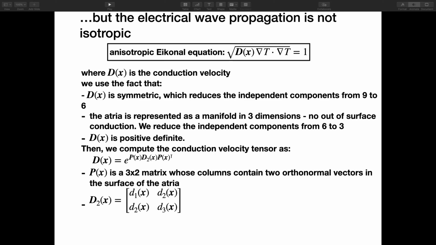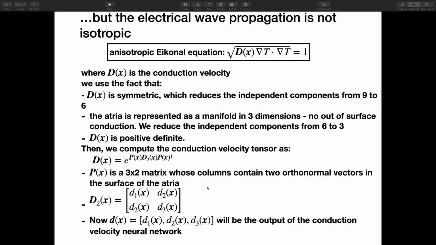And this matrix P projects this two-dimensional tensor into the three-dimensional tangent plane of the atria. And now, instead of in the previous approach where we only had one output for the neural network, that was the conduction velocity, now our neural network will output 3 quantities, which are D1, D2, and D3.